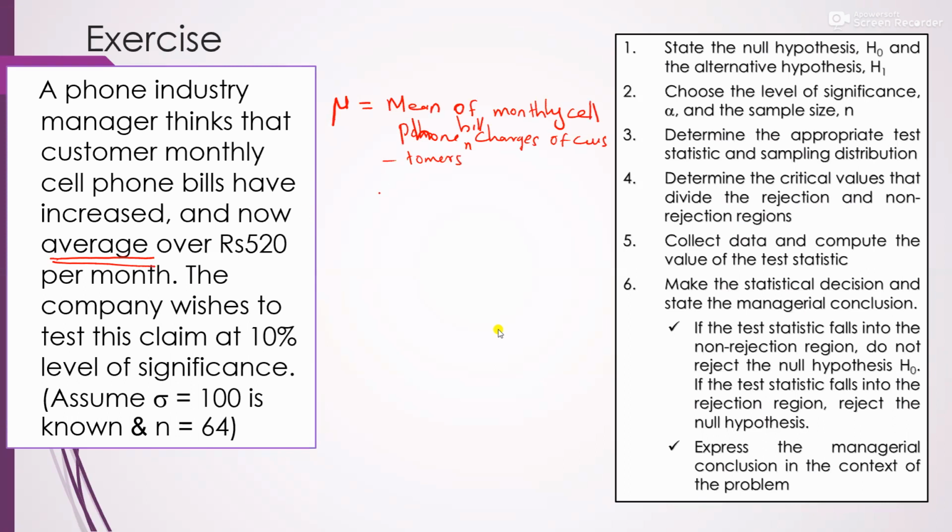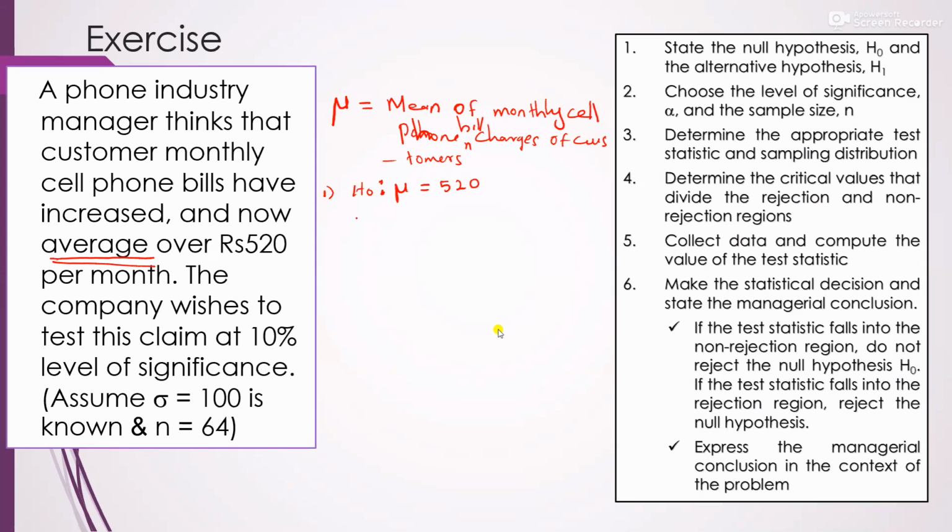Now we can come to step 1, H naught. What is H naught here? H naught is the current situation: the monthly charge is 520. Mu equals 520. This states that the monthly phone bill charge is 520.